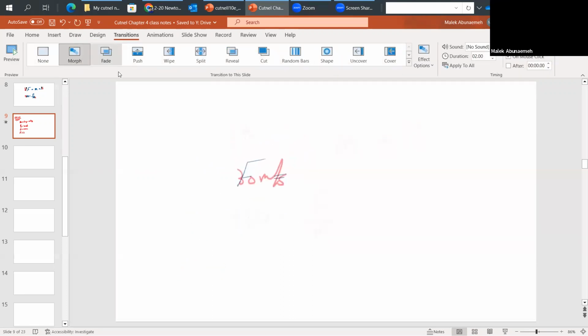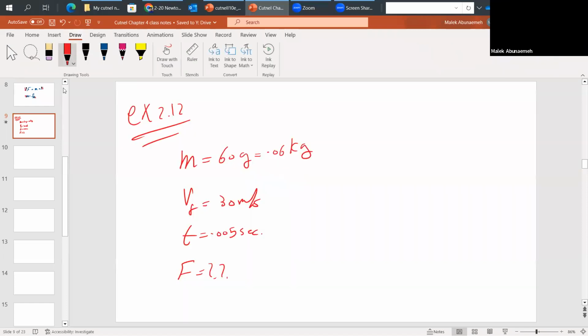Now, in order to find the force, we use the equation: your force equals mass times your acceleration. We do have the mass, we do not have the acceleration. In order to calculate the acceleration, we use the acceleration equation, which is your final velocity minus your initial velocity divided by your time.